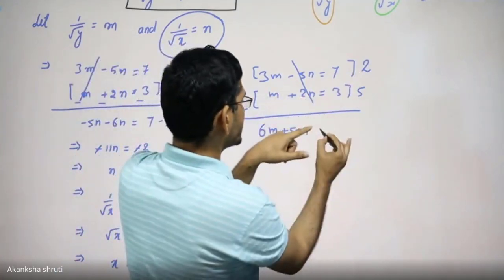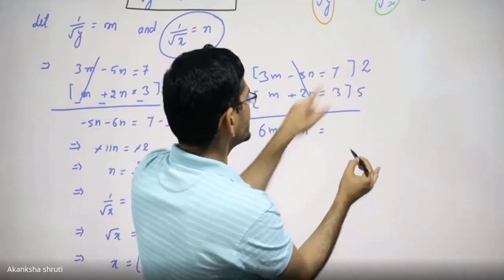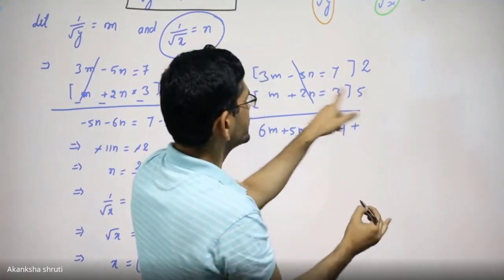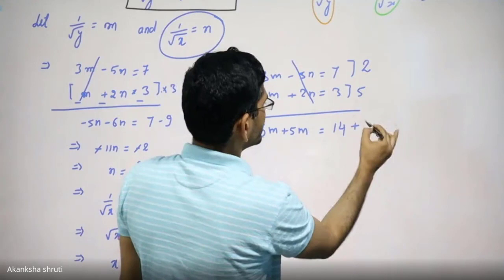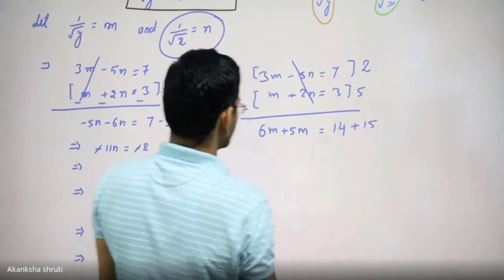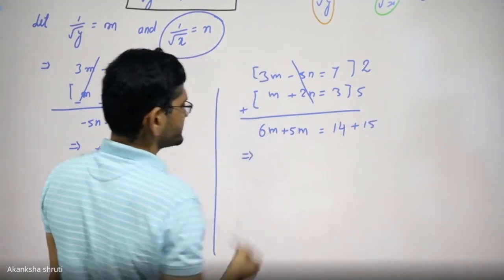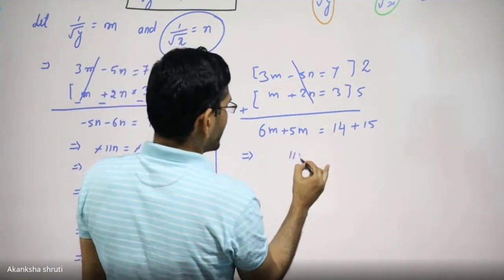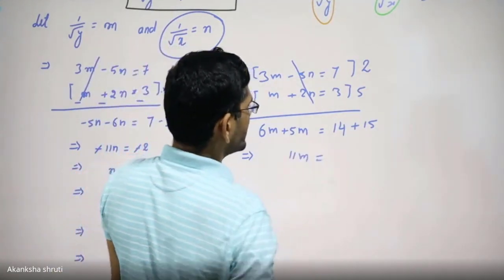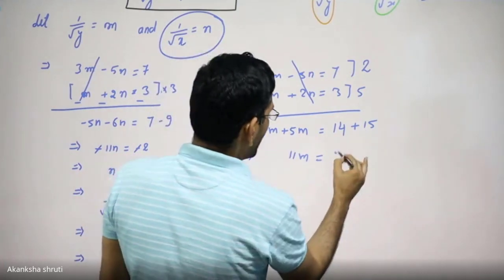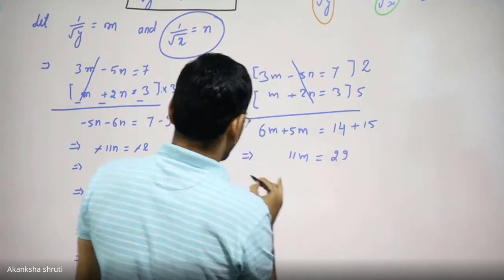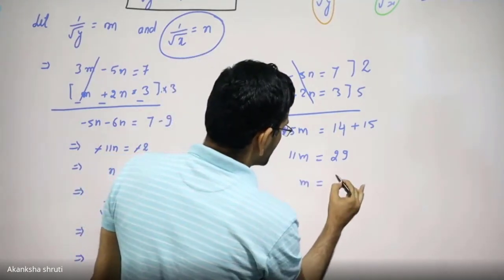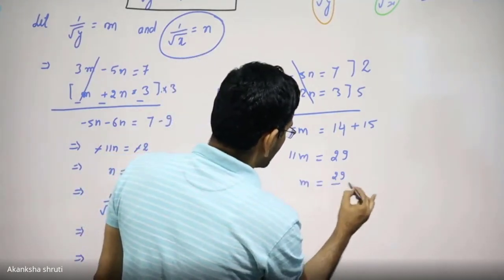On the right hand side we have 2 into 7, 14, plus 5 into 3, 15. This implies 6 plus 5 is our 11m is equal to, go for adding, it is 29. This implies m is 29 by 11.